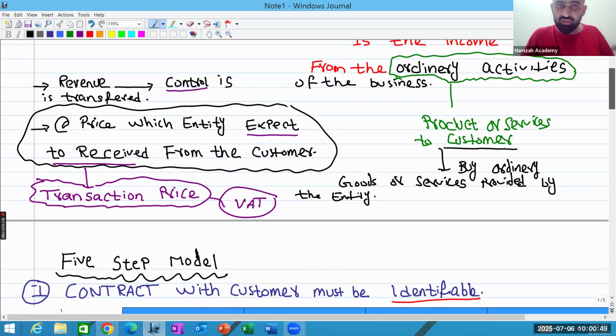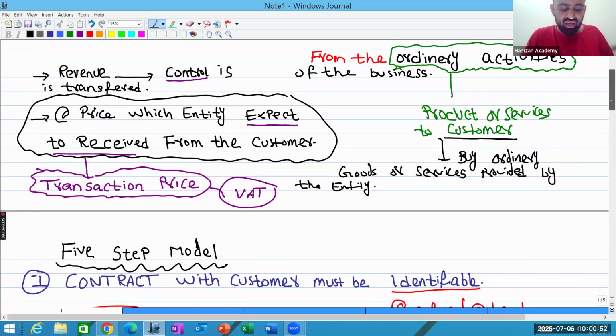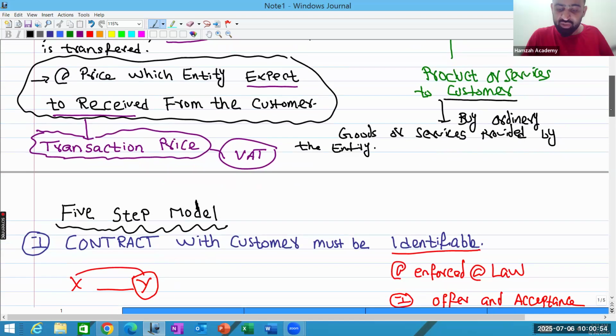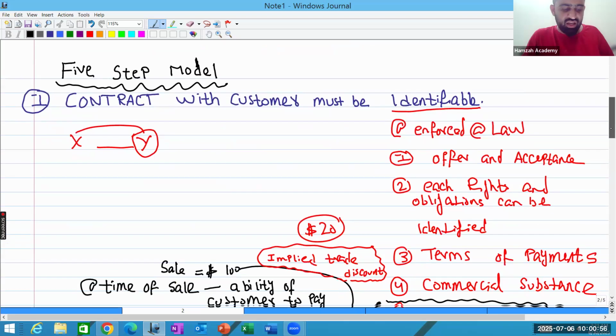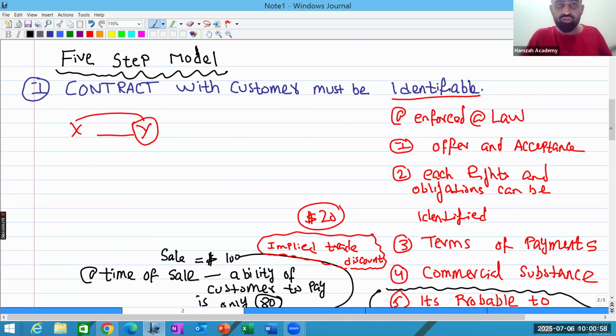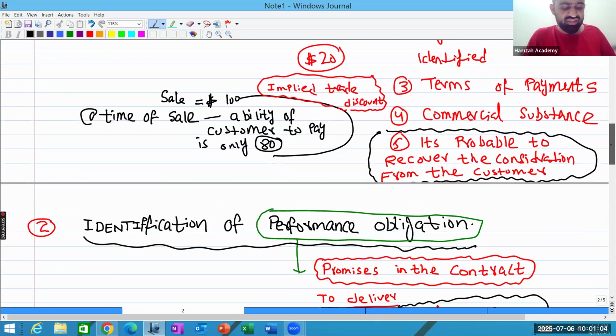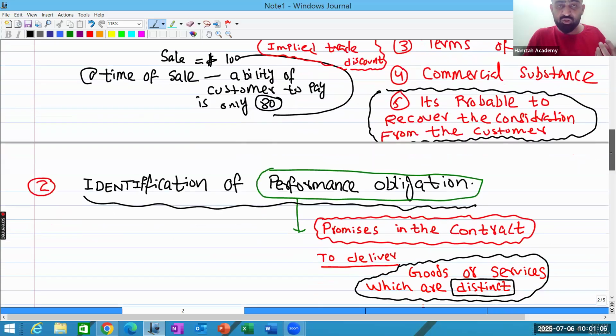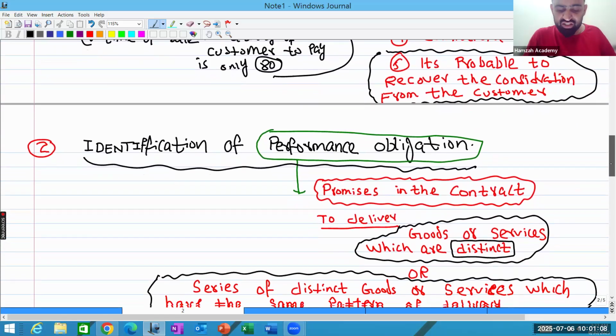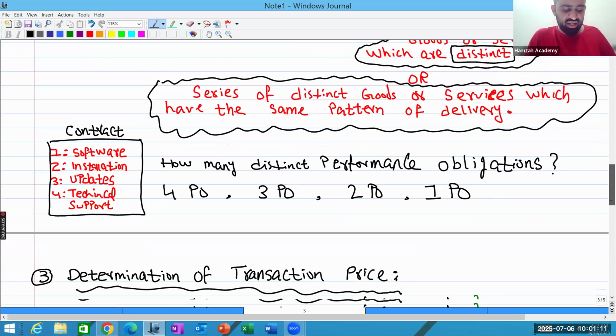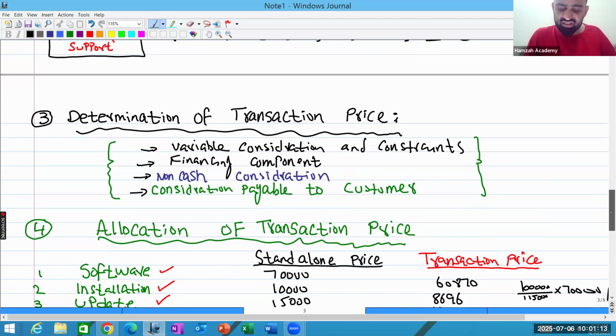The principle is that revenue is recognized when control is transferred, and at a price which we expect to receive from the customer. To recognize revenue, we follow the 5-step model. In the first step, we identify a contract with the customer. In the second step, we identify the performance obligations in the contract. In step 3, we determine the transaction price.